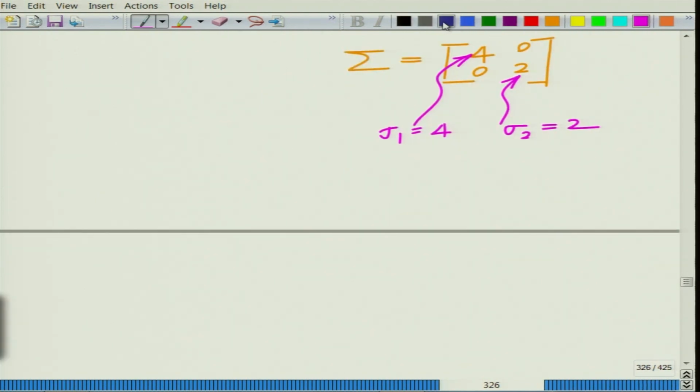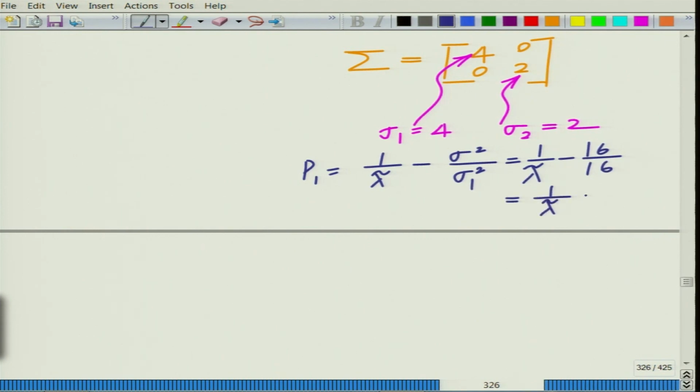Therefore, now the optimal powers are given as P1 equals 1 over lambda tilde minus sigma square over sigma 1 square, which is 1 over lambda tilde minus 16 over 16, so this is 1 over lambda tilde minus 1. Of course, it is equal to this quantity only if it is greater than or equal to 0.